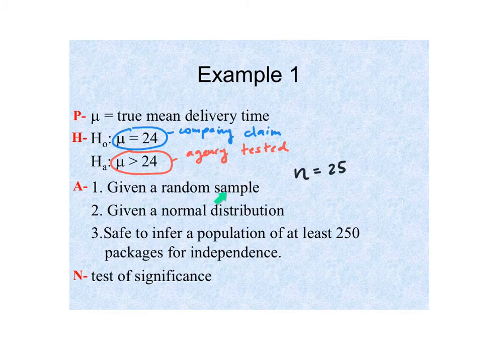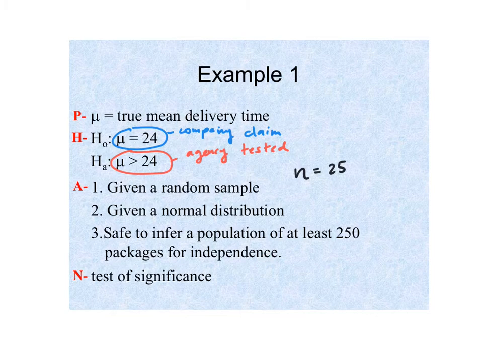Yes, I think it said in the problem. It also said in the problem that the distribution was normal. If you go back and read it. And then condition number 3. It's safe to infer that there's a population of at least 250 packages for independence.